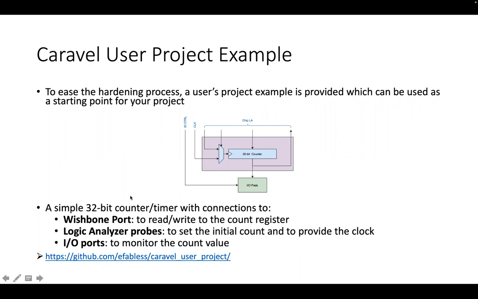This example is basically a simple 32-bit counter, which has connections to the wishbone port, the logic analyzer probes, and the IO ports. You can check out the documentation of this example under their GitHub repo, but we are going to use this Caravel user project example as a template to start our project.